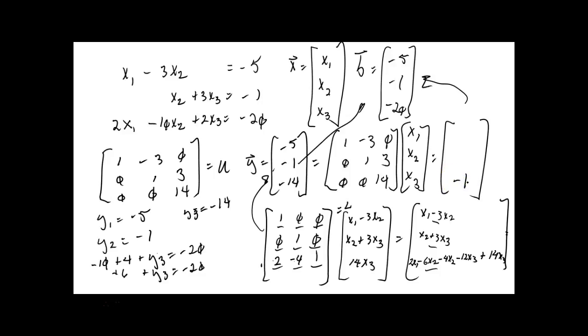Negative 1. And knowing that, then do this. 0 plus x2 plus 3 times minus 1 is minus 3 is equal to minus 1. Okay, x2 minus 3 is minus 1. Write that down. x2 minus 3 is equal to minus 1. Add 3 to both sides, and that gives you plus 2. So x2 is equal to 2.